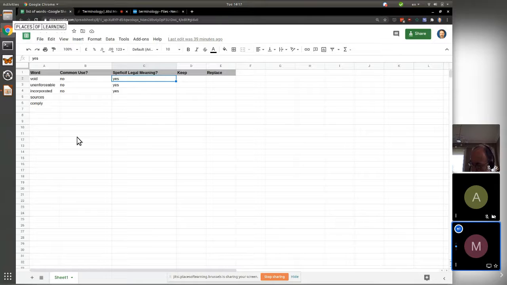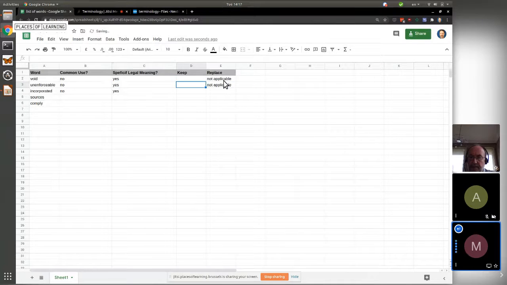So we decided to replace it with some word that is more clear. Instead of void, I put not applicable. And the same with unenforceable.